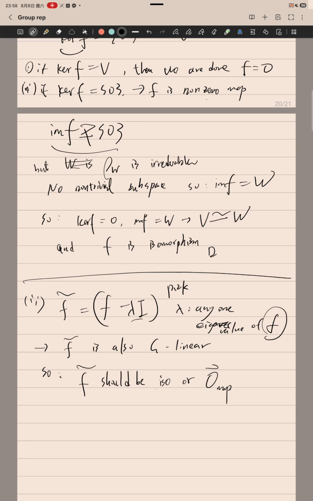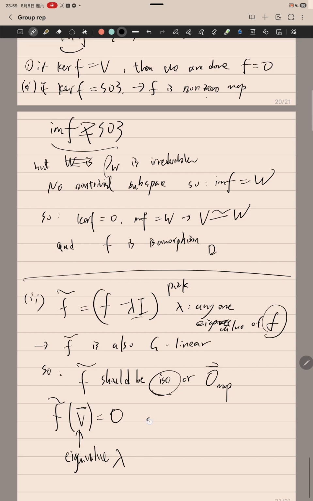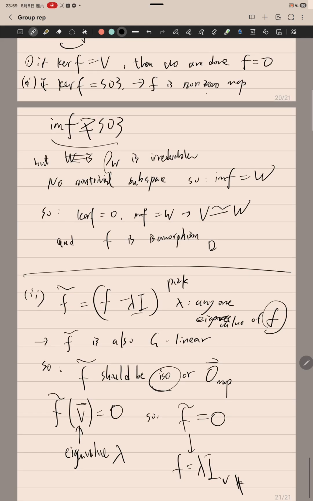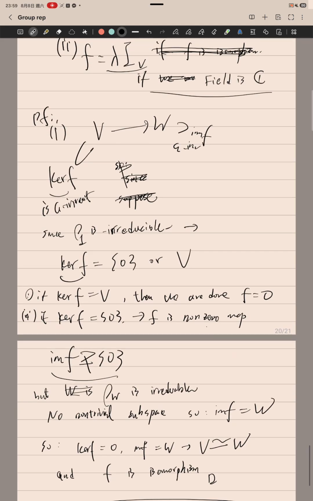But f tilde is not an isomorphism, because f tilde has a non-zero eigenvector v corresponding to eigenvalue zero. So f tilde must be the zero map. But if f tilde is the zero map, that means f is lambda times I_V. This finishes the proof. So this is the famous so-called Schur's lemma.